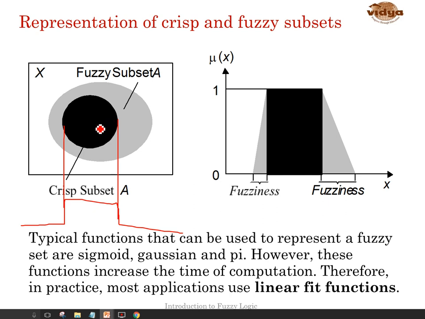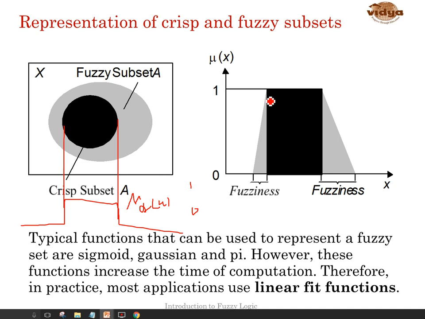Now here, if you try to recall, we represent it this way: mu A of x is equal to 1 if x is within this value, and it will be 0 if x is beyond these values.